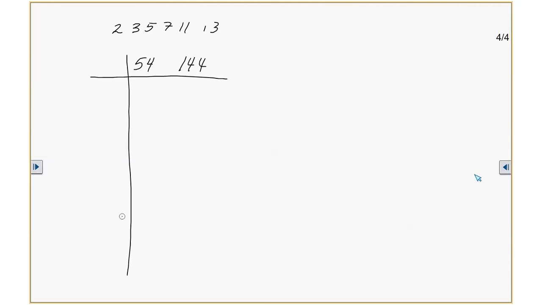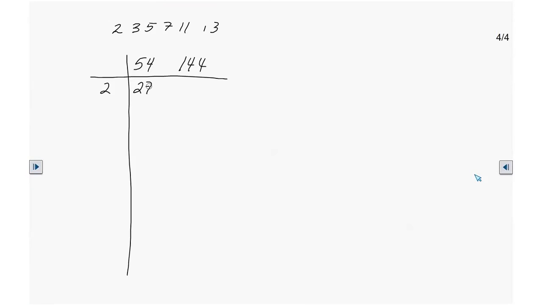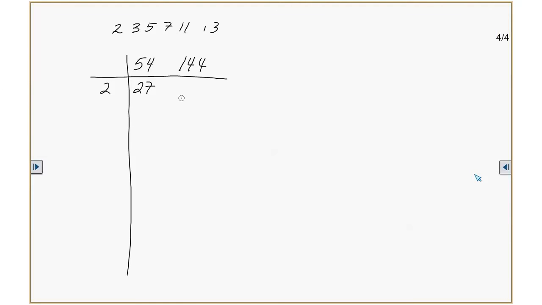So I'm going to show you how to do it, and you write things down beside it, because there are two steps involved with this chart. One is called the greatest common divisor. So I'm going to divide by 2. 2 goes into 54 27 times, and 2 goes into 144, what, 72 times?